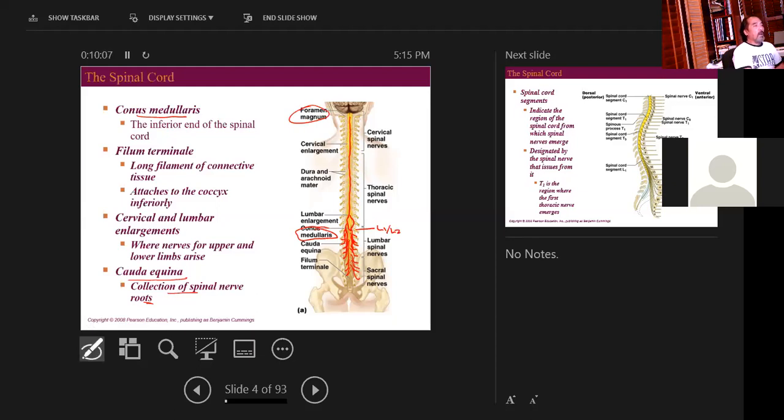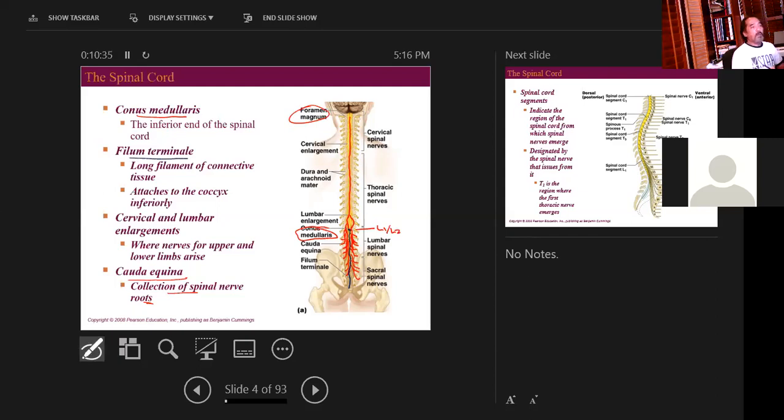Now, there's another one that is a thin filament that connects to the conus medullaris and attaches to the coccyx vertebrae. This thin filament holds on to the conus medullaris and attaches to the coccyx. That's called the filum terminale.